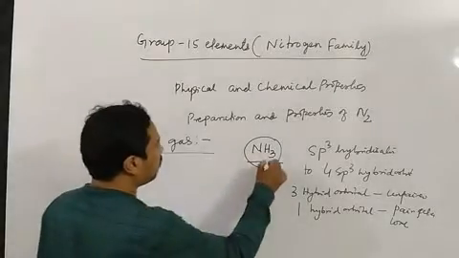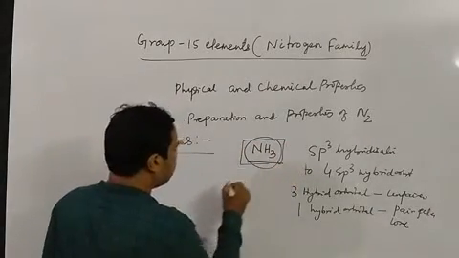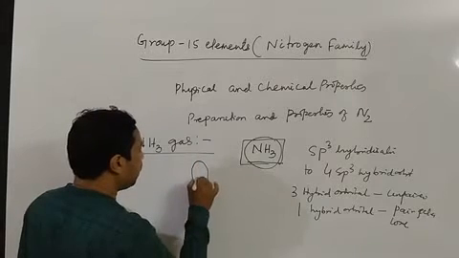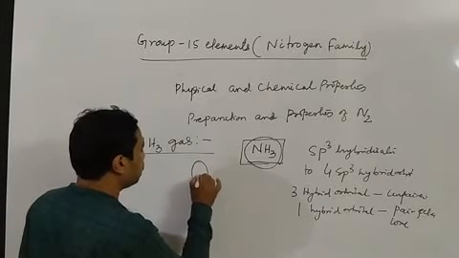So the shape of the ammonia molecule is pyramidal.